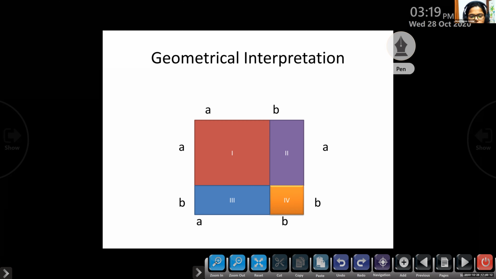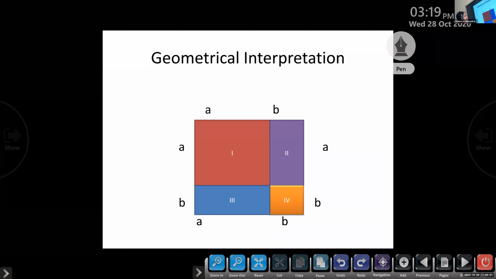The side of the pink square has length a. The violet rectangle has length a and breadth b. For the blue rectangle, length a and breadth b. And for the yellow square, the sides are b.